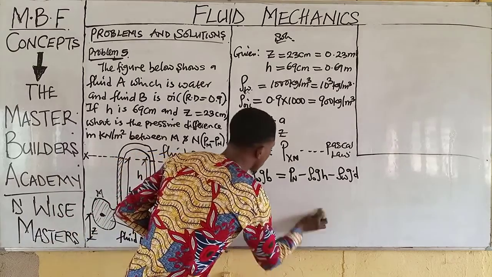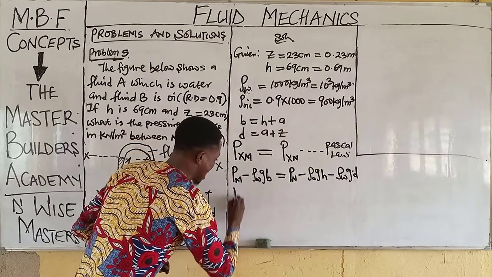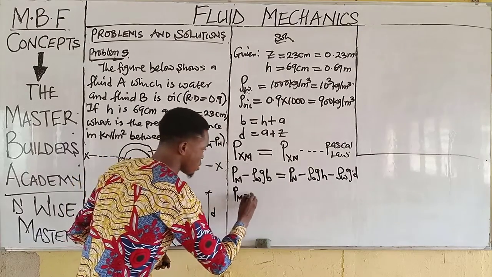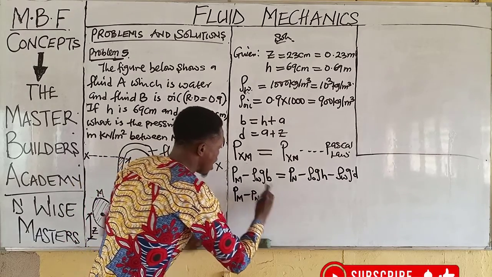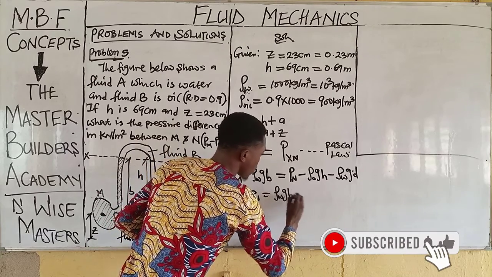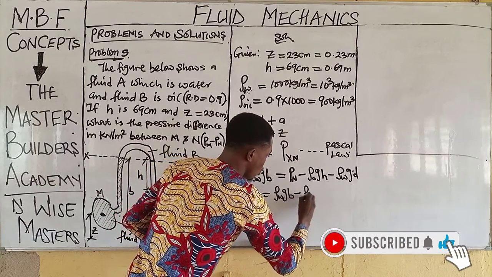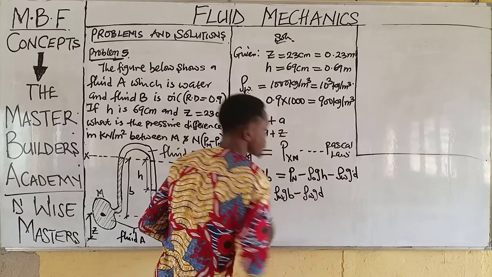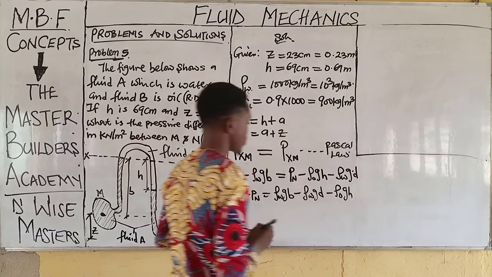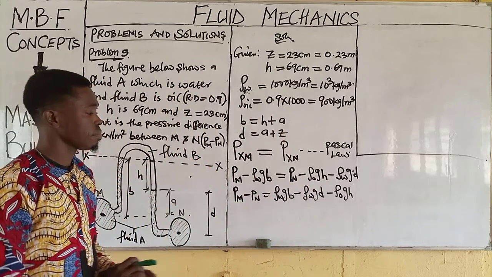Now the next thing we are quickly going to do is to make Pn the subject of the formula. When I take this to this end, it becomes minus Pn. And when I take this to this end, I have rho of water, G, B. I'll take this, rho of water, D, G. Then minus rho of oil, G, H. This is it.